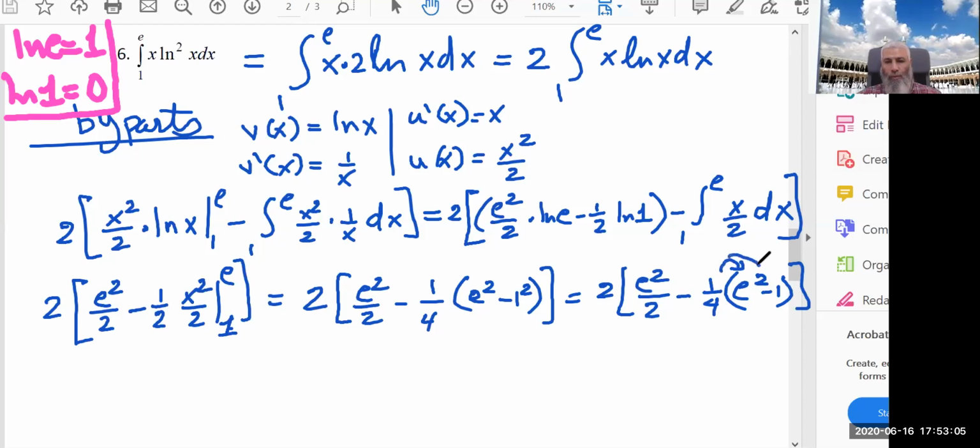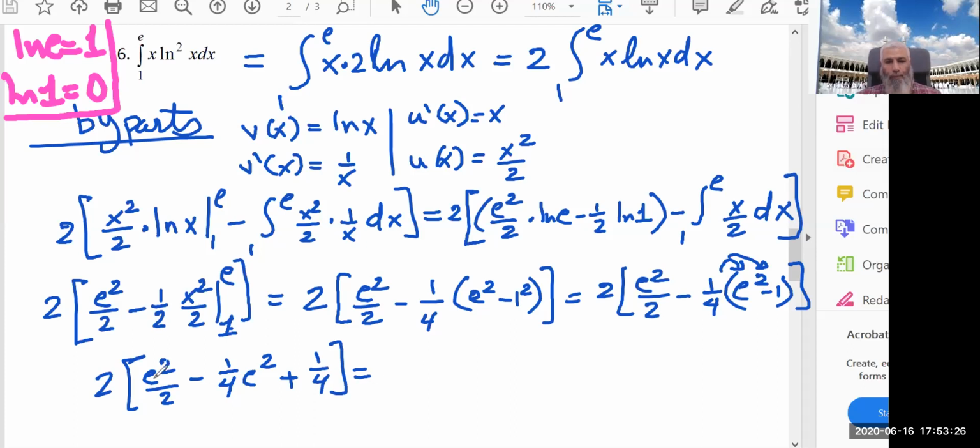The 1 over 4 we can multiply here. So this is 2 multiply e power 2 over 2 minus 1 over 4 e squared plus 1 over 4, because minus multiply minus is positive.